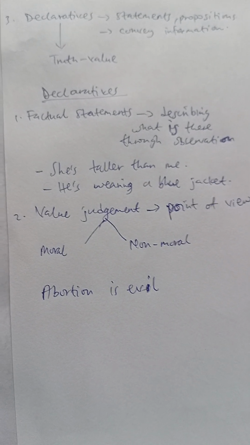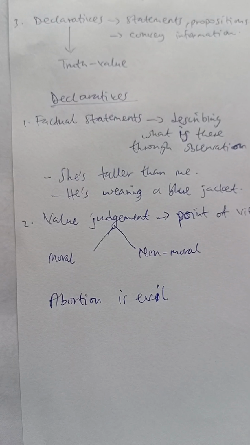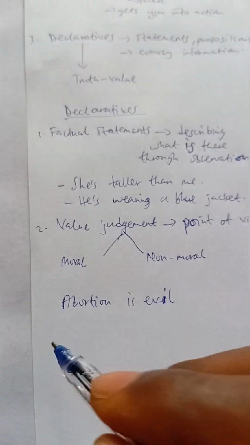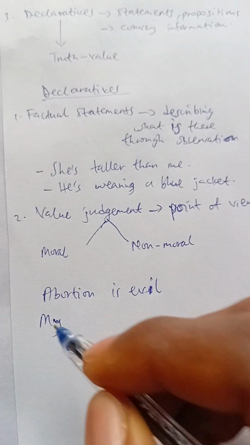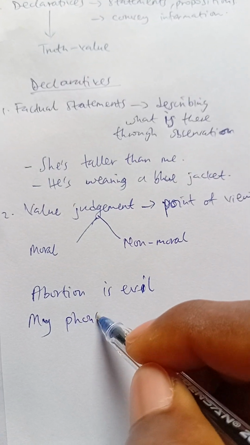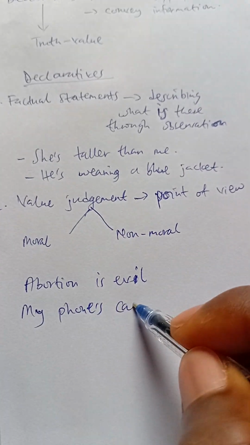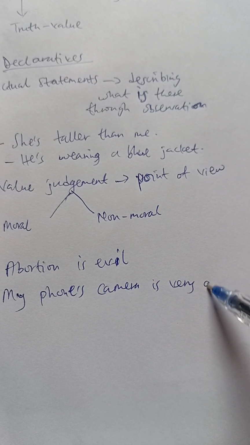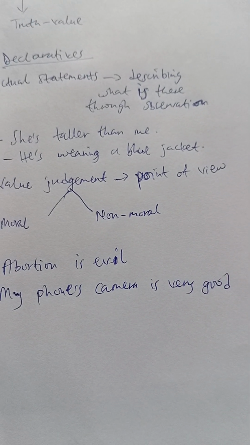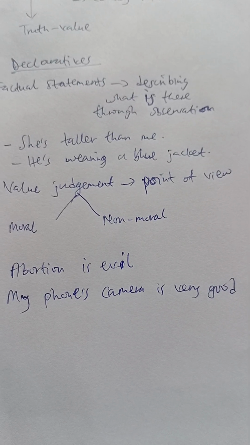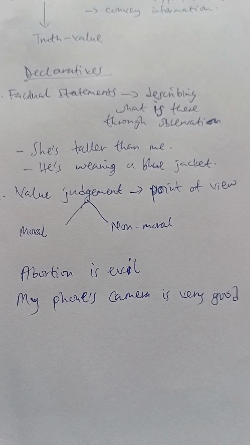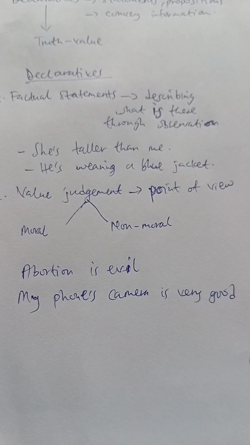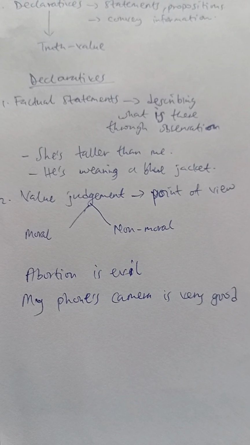Like abortion is evil, it has to do with morals. If I say my phone's camera is very good, where will this fall? It will fall under value judgment, but it will be non-moral value judgment.